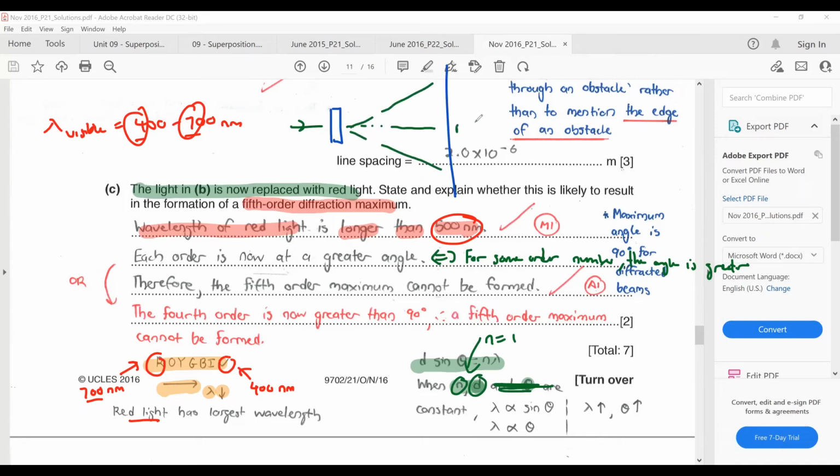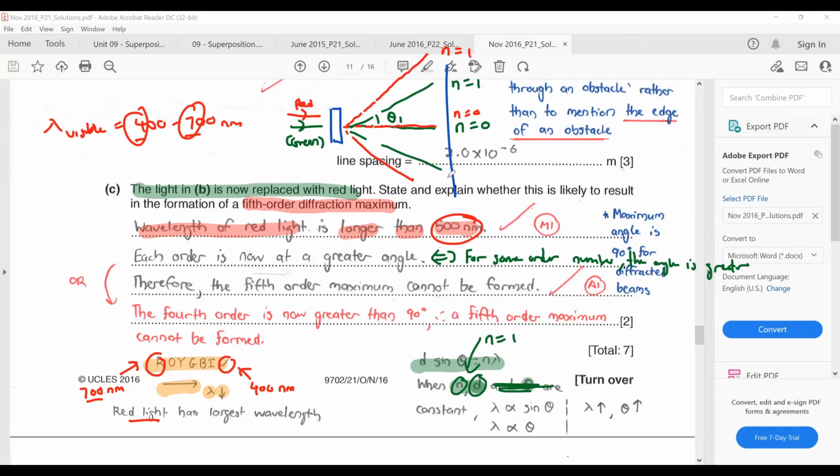Say this is n equals 0, this is n equals 1. This is the angle theta 1 for the first order using green light. If I change this to red light and shine it through my diffraction grating, I'm going to get something similar, but my red light, the first order will be spread out even more. This one will again be n equals 0 for my red light, but for the red light, the n equals 1 will be somewhat further.